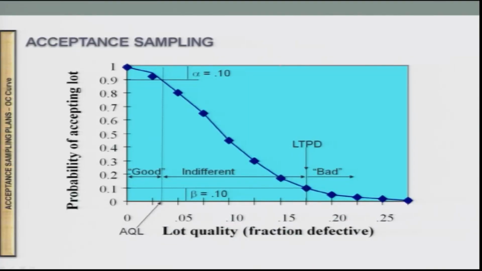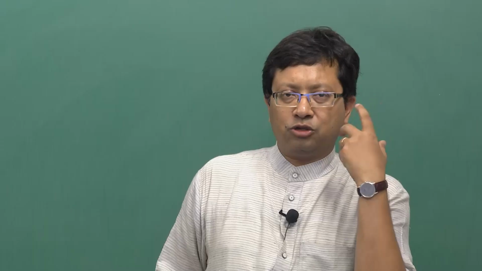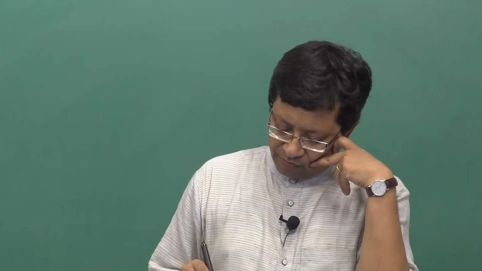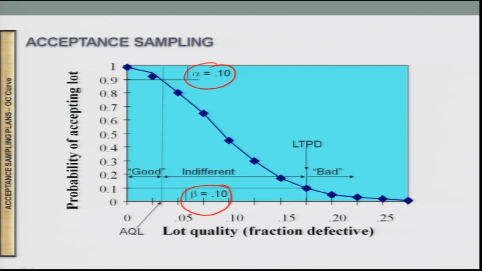Now, let us consider the details of LTPD and AQL values in more detail. So, let me change the color to, say, red, so it will be easier. Depending on the manufacturing capability, you have specified some value of alpha, and depending on the consumer risk and producer risk, you have also specified some beta value.